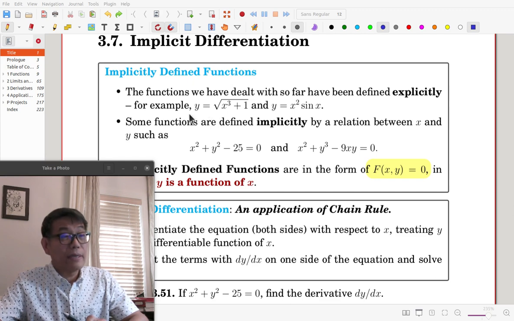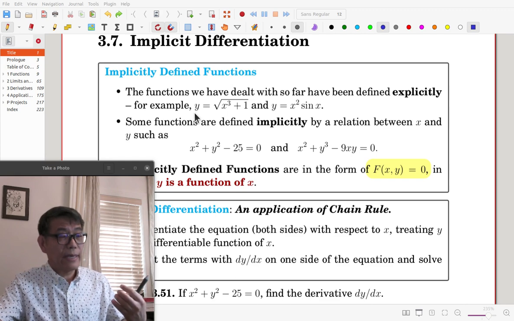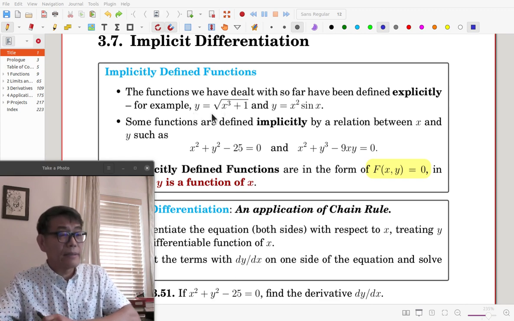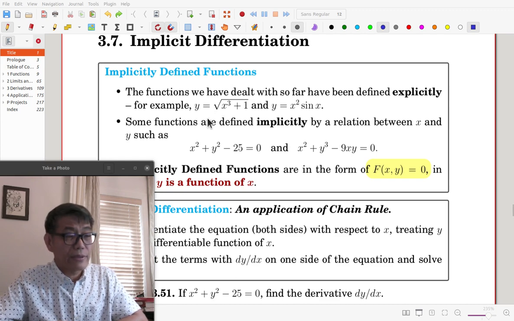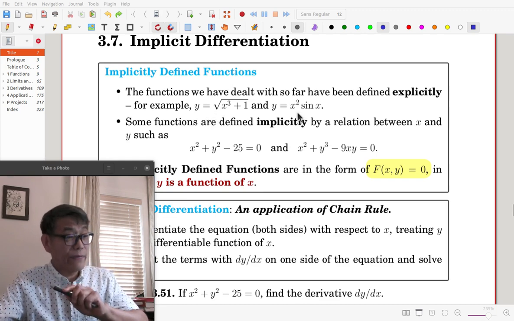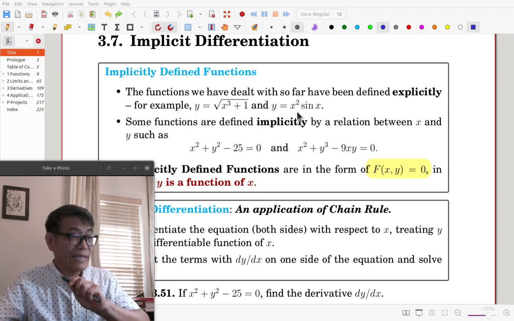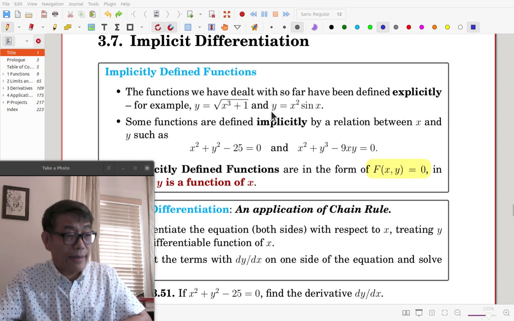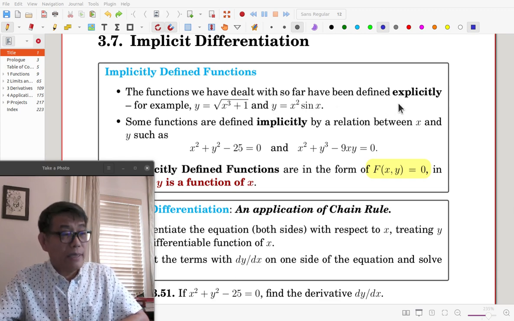In this definition, y is on the left-hand side, and the right side is a function of just x only, so that once an x value is given, we can evaluate the y value directly. So we call it explicitly defined.